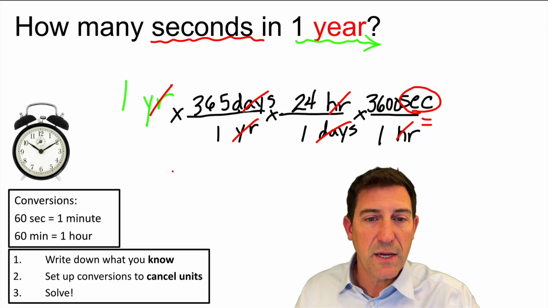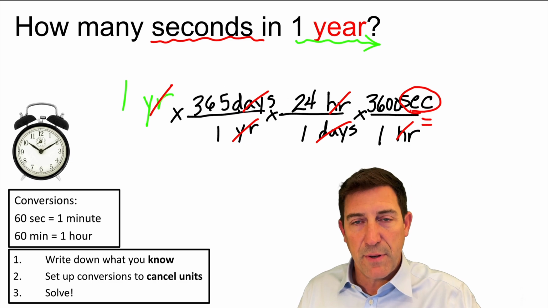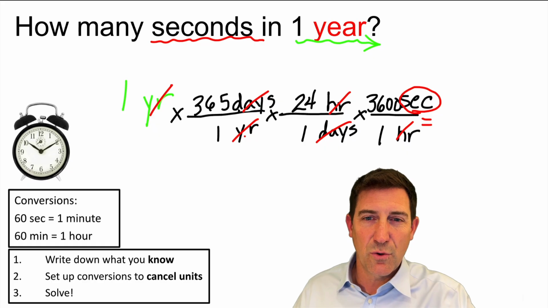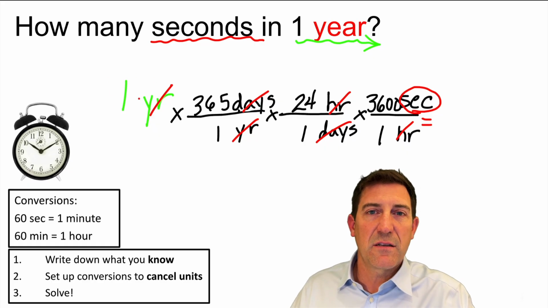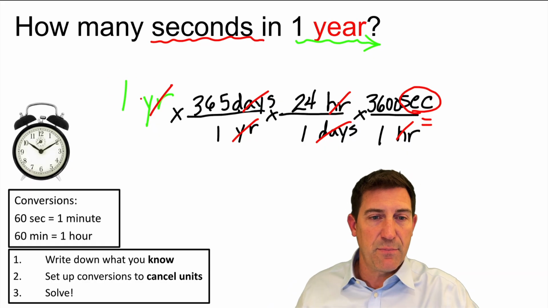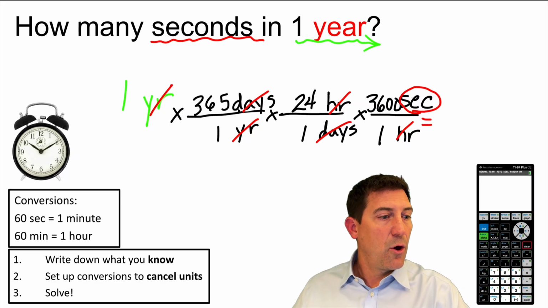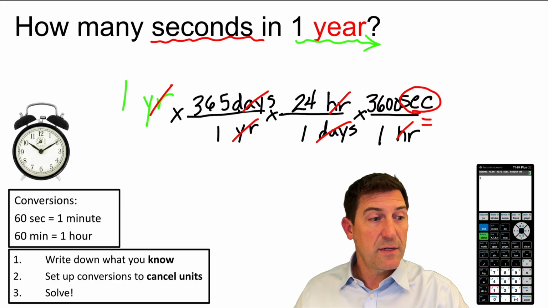I want to show you something. The last one, I broke it up into pieces and I divided by 1 and times by 1. That's not necessary. So let's just look at this the realistic way that I would type this into my calculator. Clear. We've got 1 year times 365.